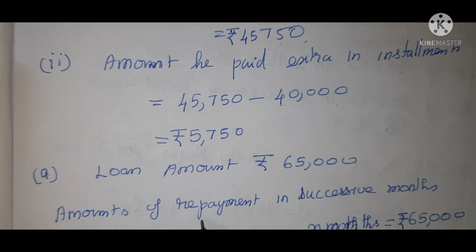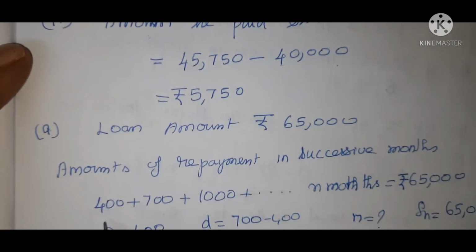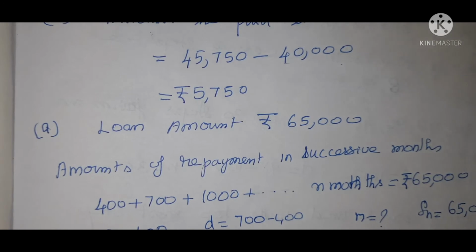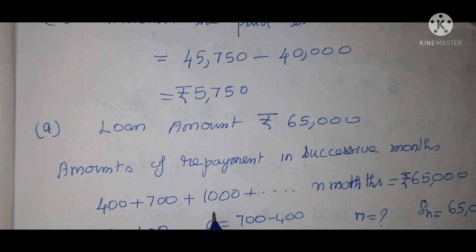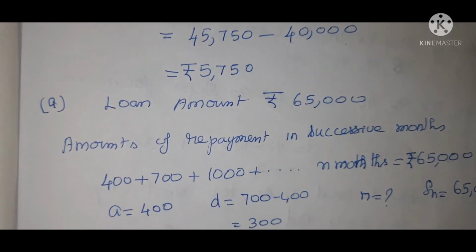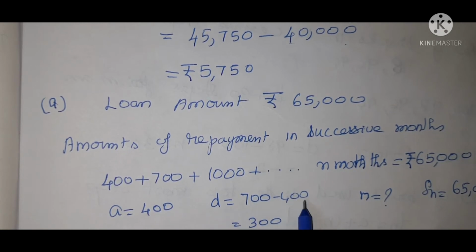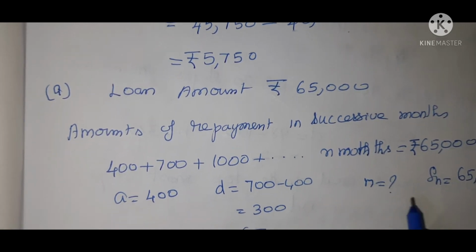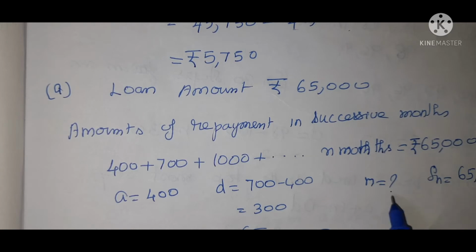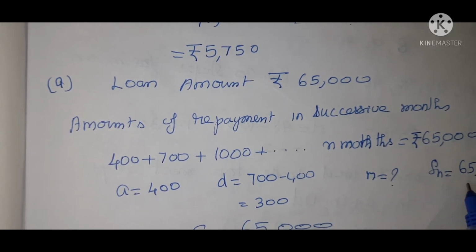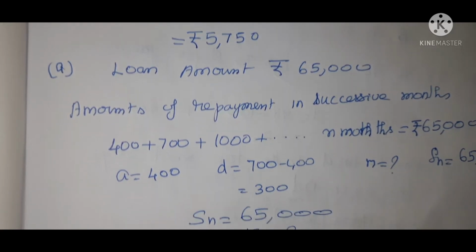Amount of repayment in successive months: 400 plus 700 plus 1,000 plus and so on, n months, is equal to rupees 65,000. Here a is 400, d is 700 minus 400, we get 300. n is to find. Sn is 65,000.